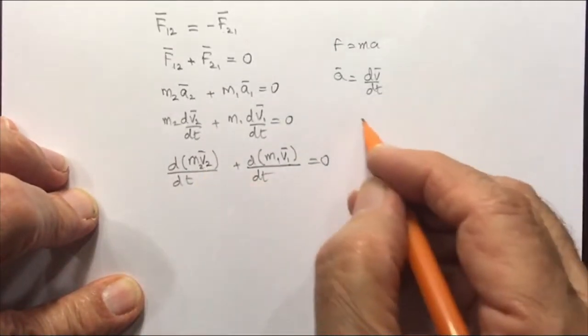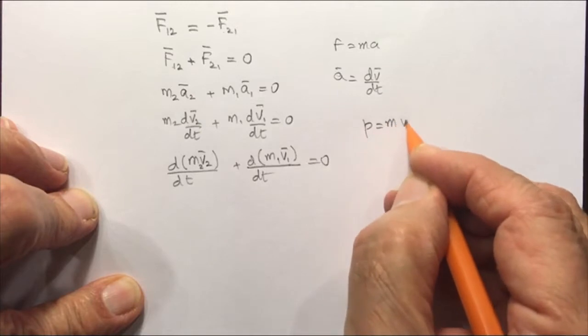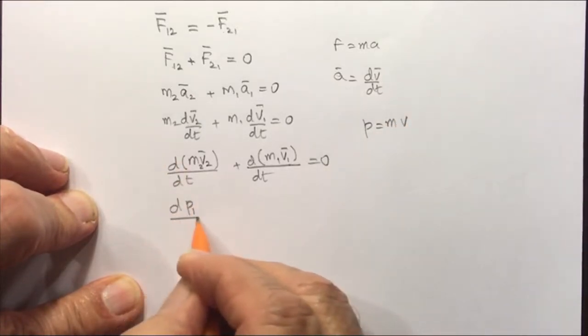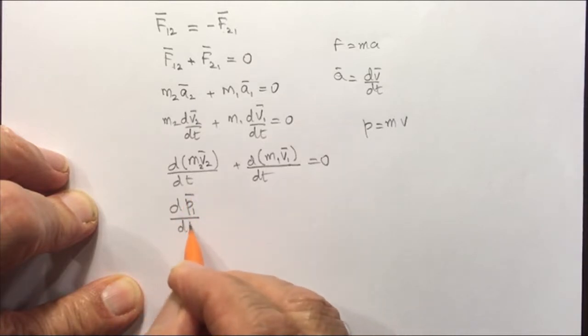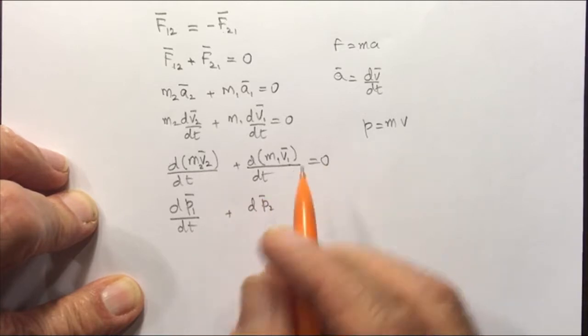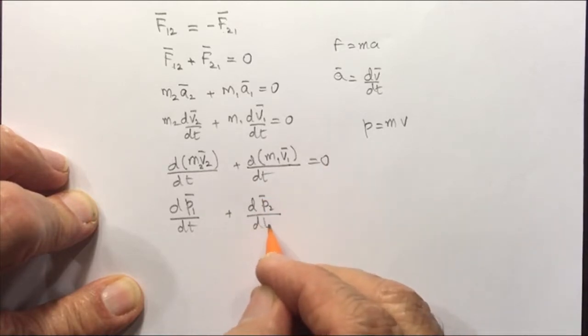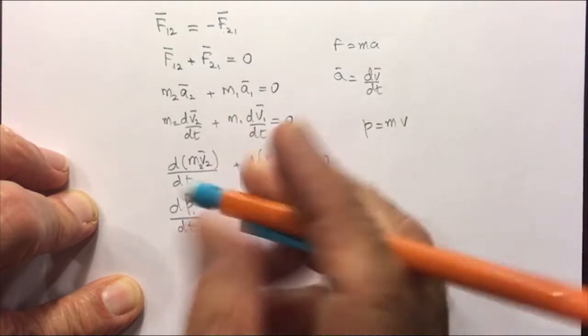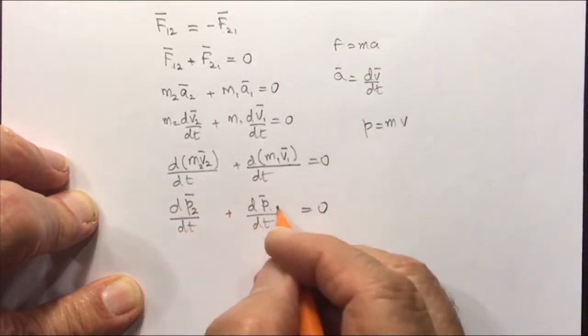Now mv is momentum, and therefore this can be written as dp1 over dt plus dp2 over dt equals 0. The other way around, the result is still the same.